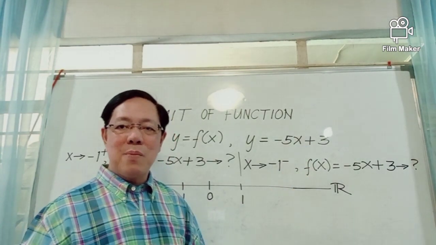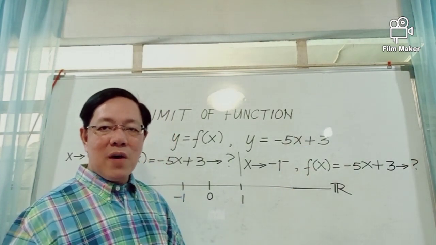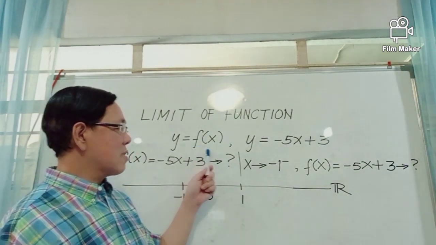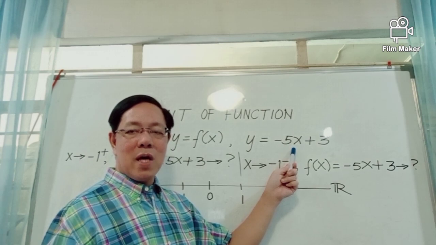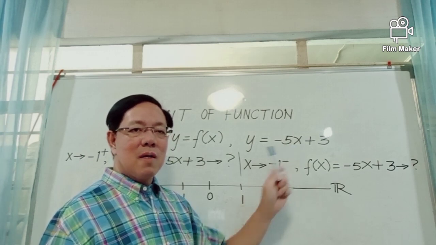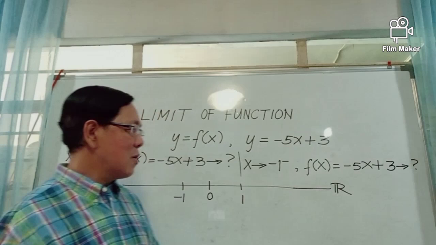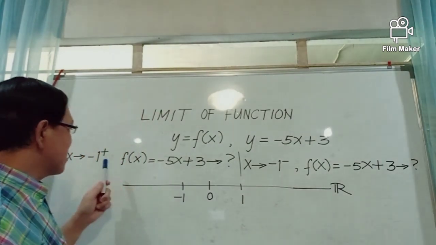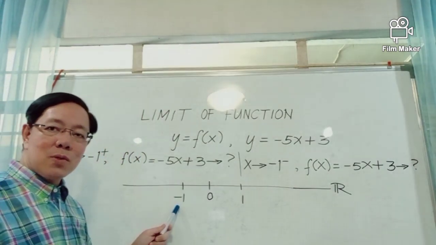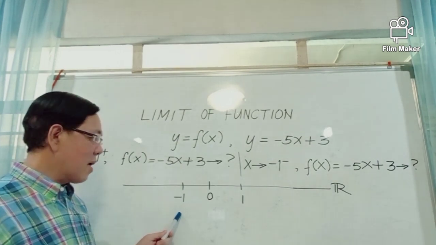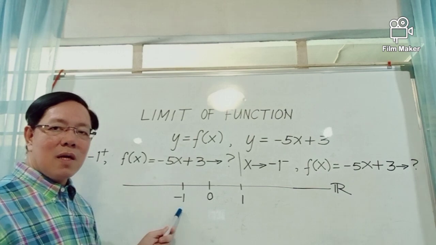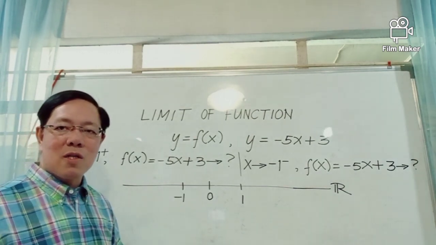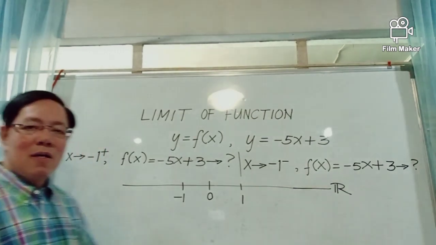And we will now investigate the function values of f of x if we limit the values of x to a certain number. For our investigation today, we will limit the values of x to those values of x that are approaching negative 1. And our investigation will consist of two parts.